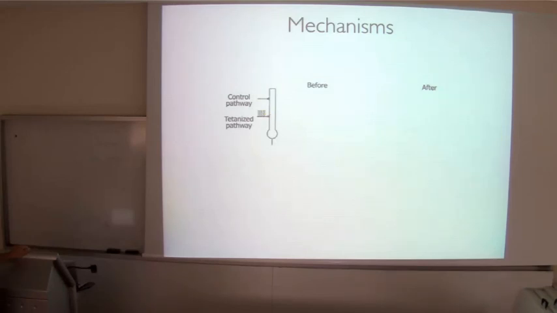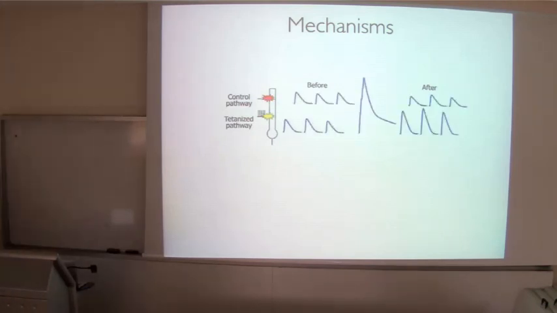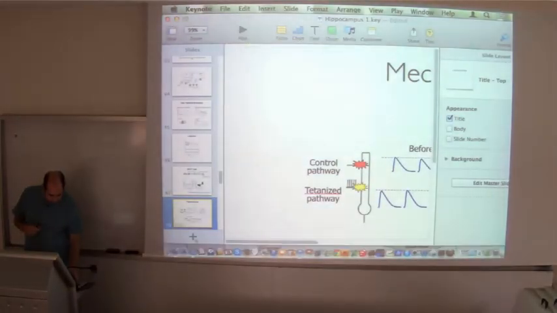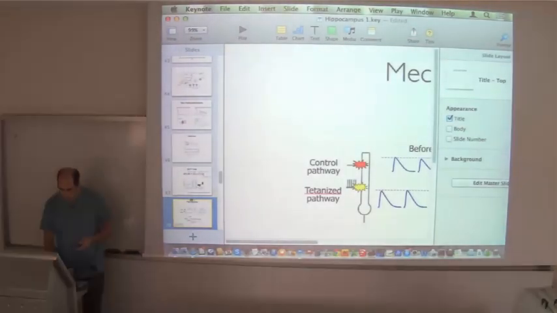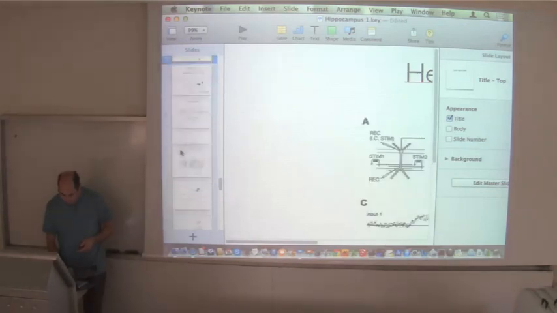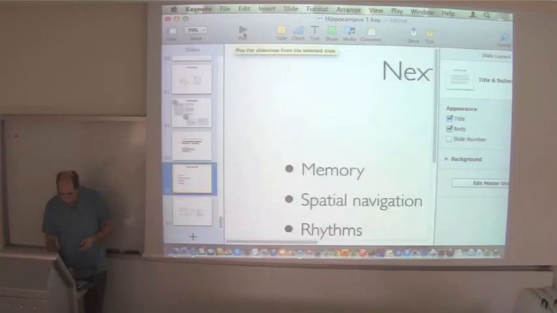I don't know if we have to stop. So maybe we'll go briefly over the mechanisms at the beginning of the next lesson. I'll just skip to the last slide and tell you again what we're going to cover.